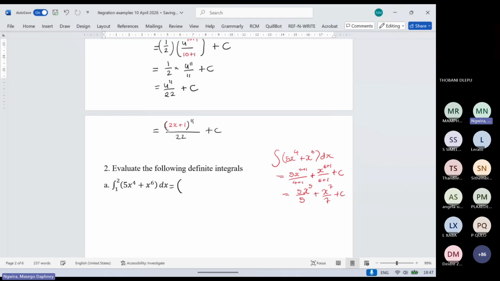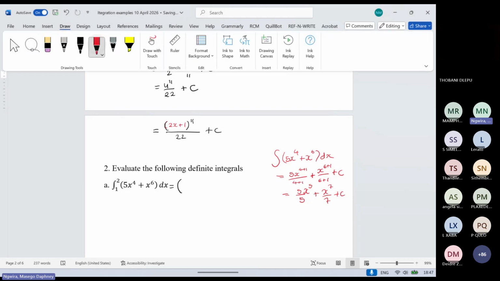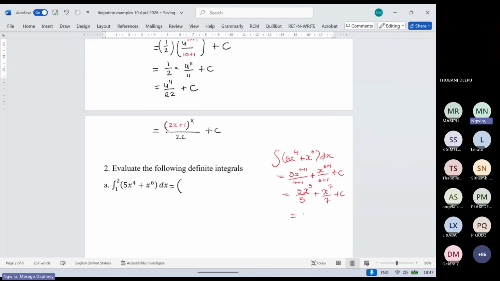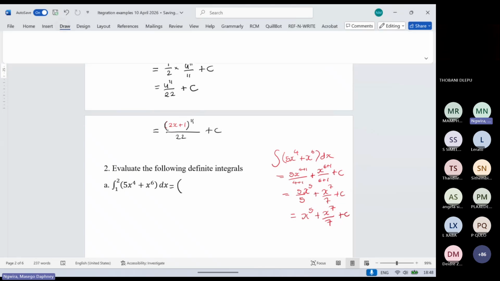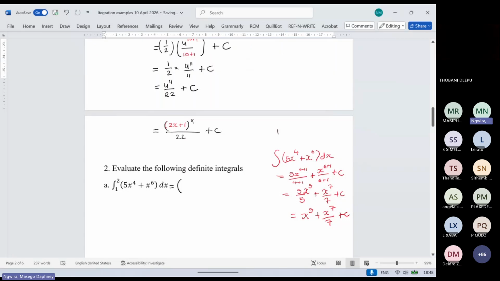So when I integrate, this is the answer that I get. 5 divided by 5 is 1. So my final answer will be x to the power of 5 plus x to the power of 7 over 7 plus c. So please ignore the c when you do this one. So we are going to ignore the c for now.